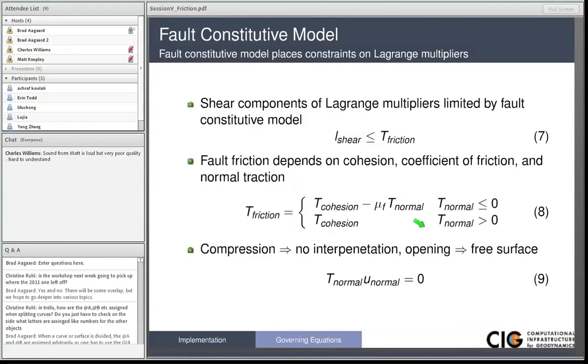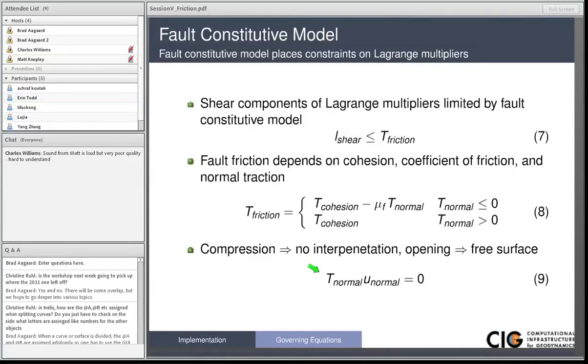So within the fault constitutive model, if the normal traction is greater than 0, we end up with this bottom case. But then when we enforce the actual boundary conditions, we're using this bottom equation 9, where the product of the normal traction and the normal displacement is always equal to 0. So if we're in compression, we have no interpenetration or opening.